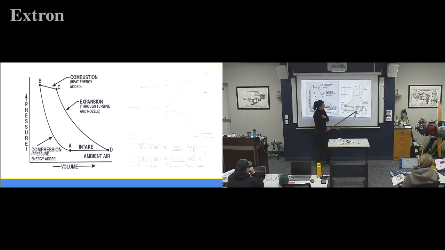Then we get to our combustion chamber, and that's where pressure, for all purposes, is pretty much constant, with a slight drop. Almost imperceptible drop in pressure. Well, obviously temperature is going to shoot up because we are combusting. And velocity goes up a little bit until we get to the back of our combustor, which is what kind of duct?